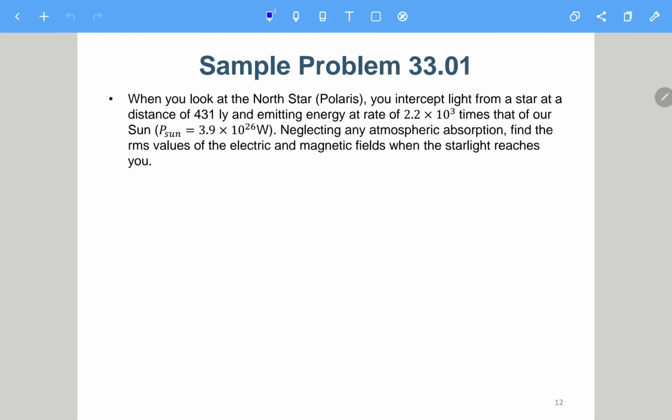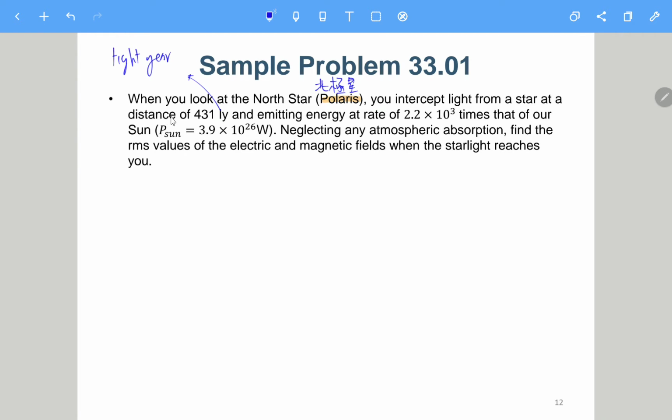So here is a sample problem. It says when you look at the North Star, or Polaris, in Chinese it's called 北极星, you intercept light from a star at distance 431 Ly, light year, 光年, emitting energy at a rate of 2.2 times 10 to the third power times that of our sun.